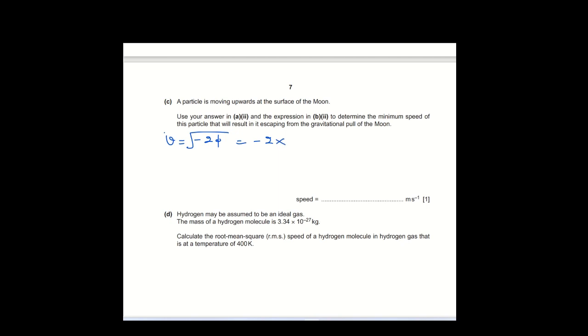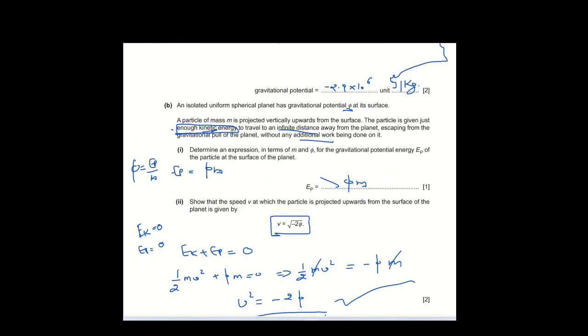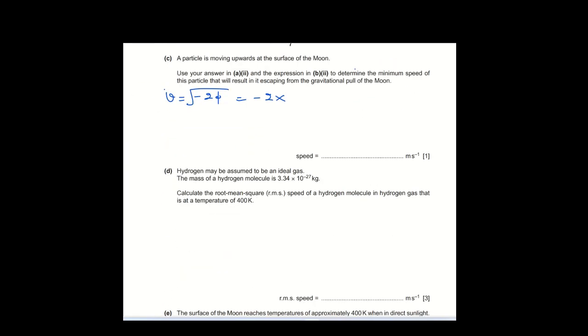Minus 2 into the value of phi, and the value of phi is minus 2.9 into 10 raised to power 6. So we substitute this value here, and the square root comes out to be 2.4 into 10 raised to power 3 meter per second, or you can say this is 2400 meter per second.